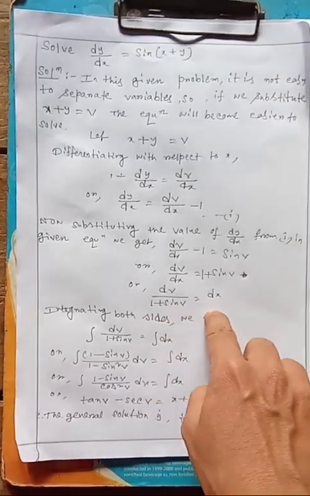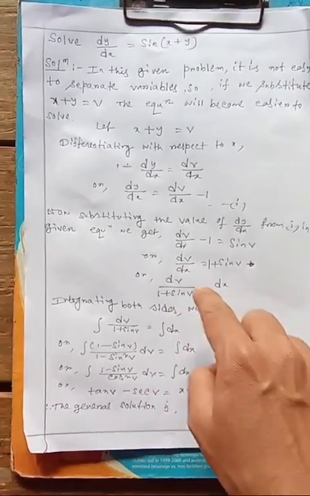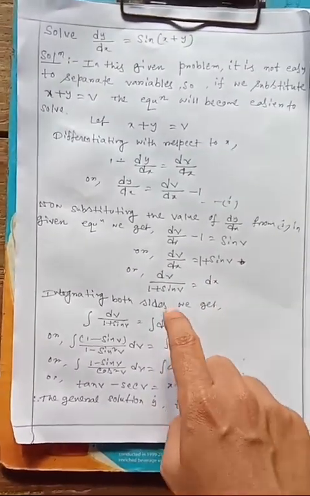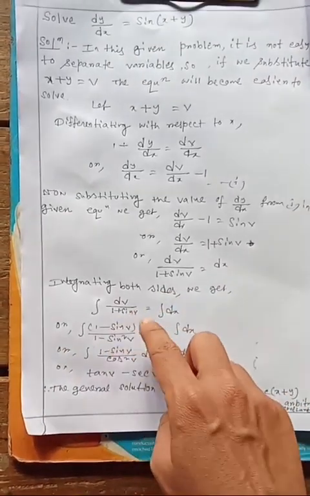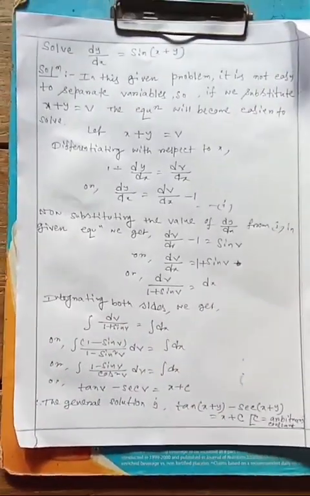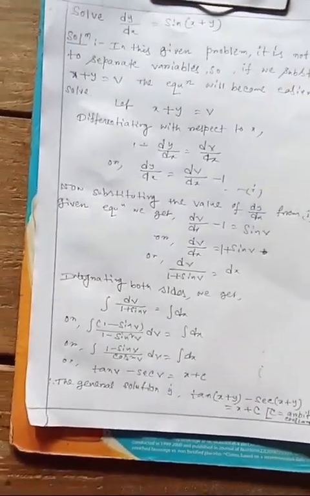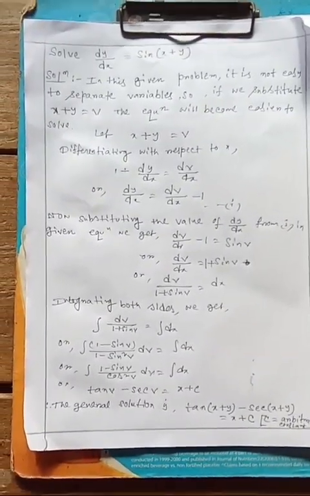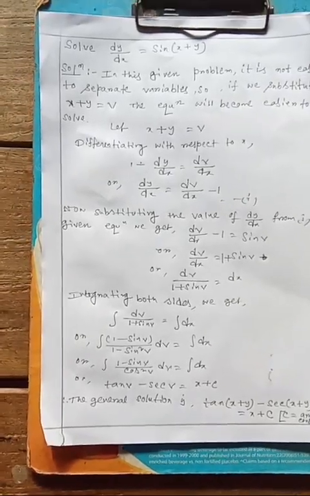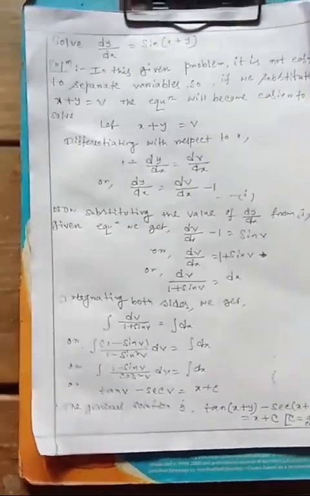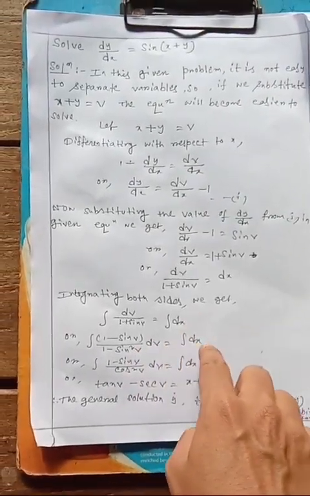Here we are able to separate the variables v and x. Now integrating both sides, we get integration dv by 1 plus sine v is equal to integration dx. We multiply 1 minus sine v with the numerator and denominator on this side and keep the other side as it is.